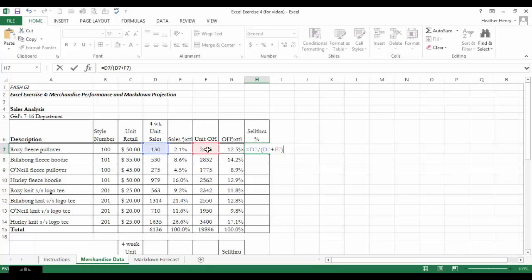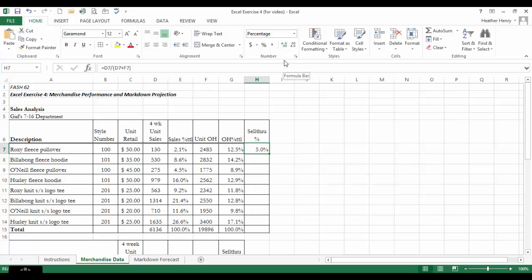What we're simply doing is taking our sales and dividing it into the total number of units bought. Because if we add the sales that we have already sold plus our current on-hand, we can get to that original purchase number. We will hit enter, convert this to a percent.